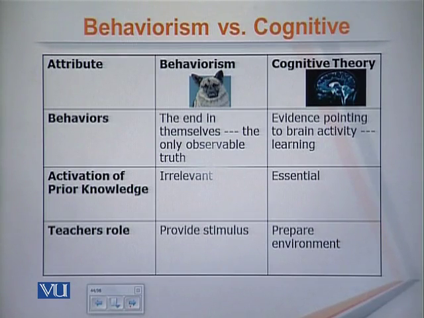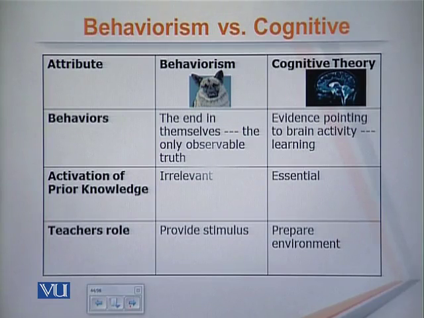So what role do the teachers play? Under behaviorism, the teacher's role simply is to provide a stimulus so the student will display the behavior. Simple. But if you don't provide the right stimulus, you will not get the right behavior. So the key really is, are you providing the right stimulus?